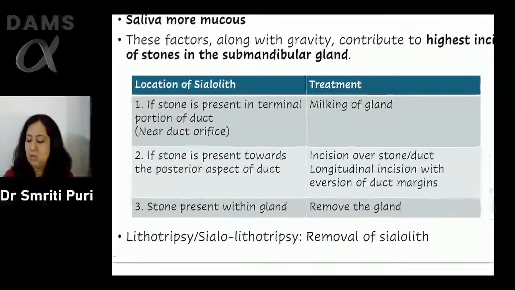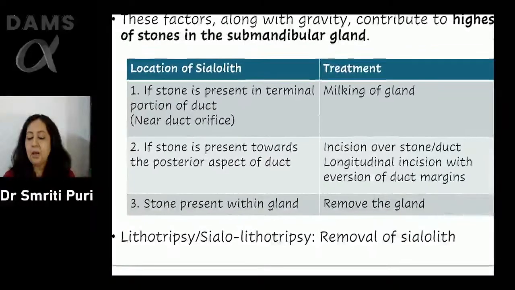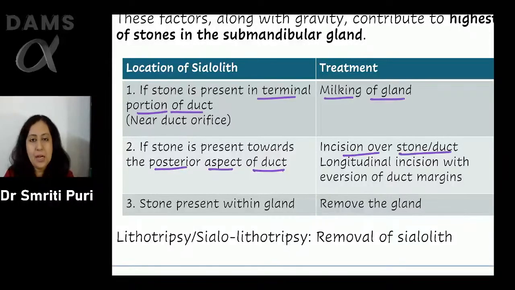Now coming on to the treatment, which comes under oral surgery. The treatment is according to the location of the sialolith. If the stone is present in the terminal portion of the duct or near the orifice, then the treatment is milking of the gland. If the stone is present towards the posterior aspect of the duct, then you give a longitudinal incision over the stone where you can palpate it.